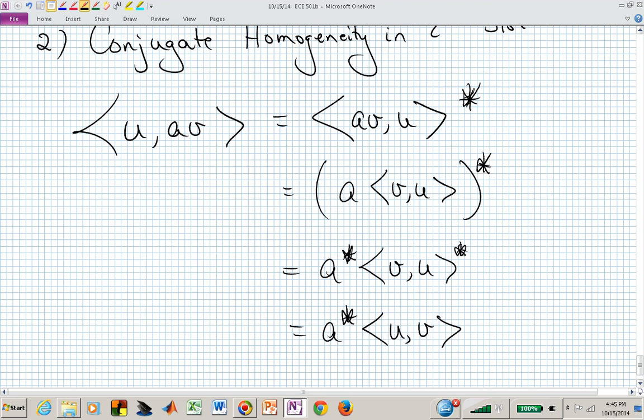If you have a scaled second slot vector and you don't want that scaling in your inner product, you can slide it out, but you have to conjugate it, unlike if you had the scaled first slot vector.